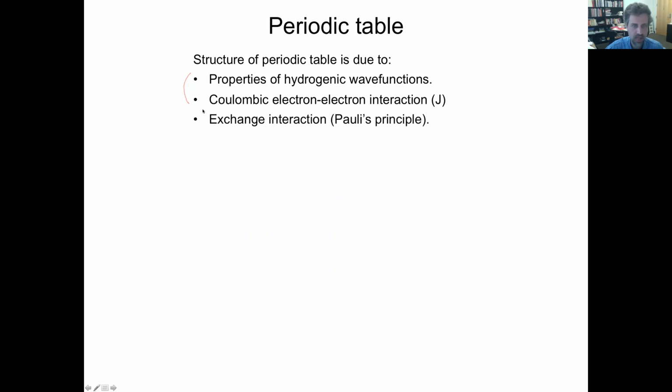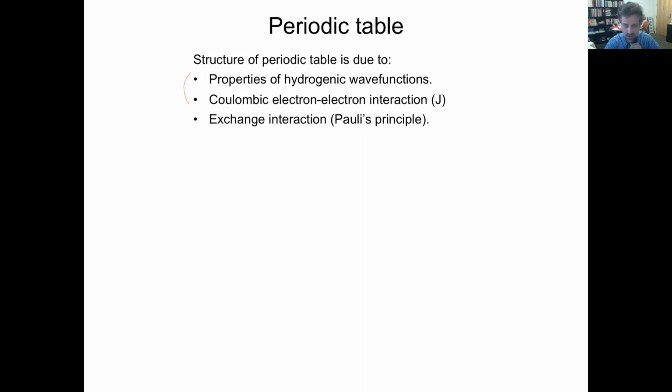And then we have the exchange interaction, okay, which basically means how do electrons accommodate the different states. And we have to abide by Pauli's principle. Pauli's principle is also known as the exchange interaction. So Pauli's principle doesn't define the energies of the orbital states.